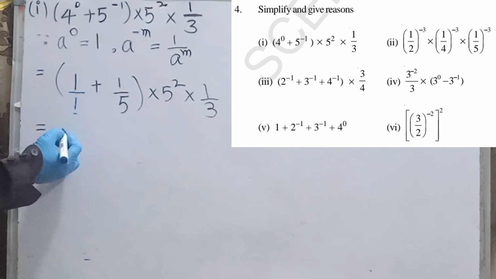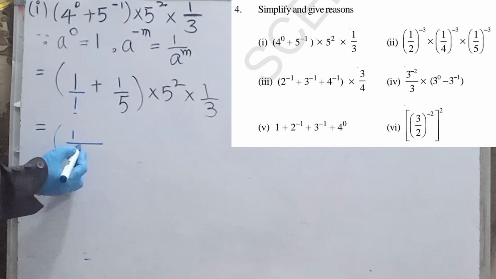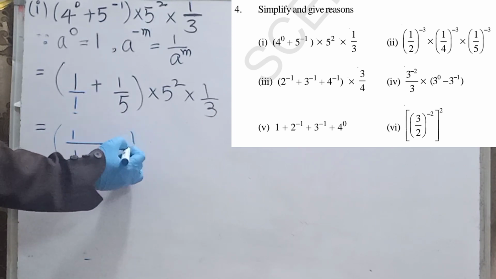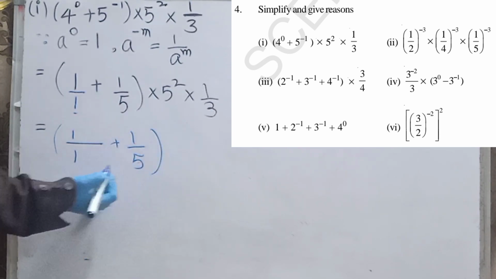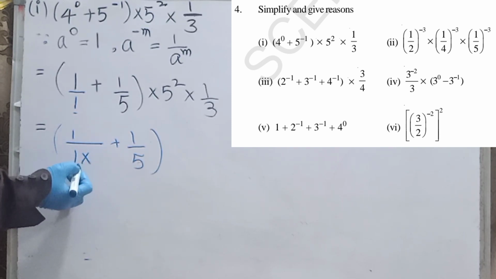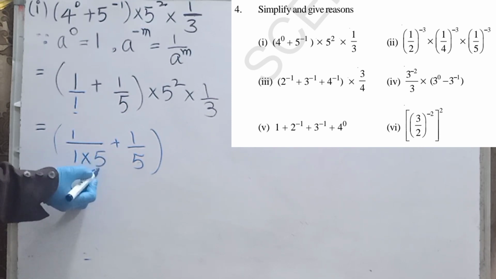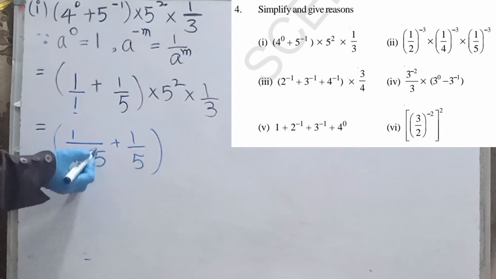You think in your mind. Just look here. 1, I wrote it like this. Then this fraction. So 1, I have to make it 5. How can I make it 5? By multiplying by 5. So when I am multiplying the numerator or denominator, what do I have to do?